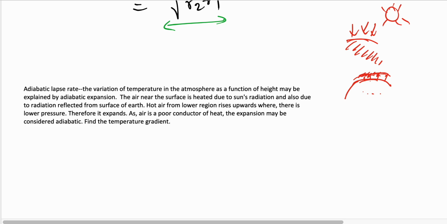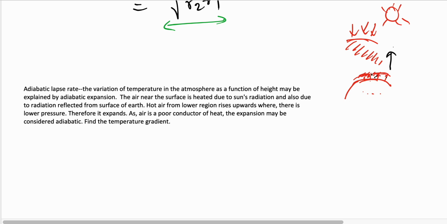Now since this air got heated, and we know that hot air has a lower density, it will go upwards. So the hot air from the lower region rises upwards. Now there will be a lower pressure here, since there is a low amount of air. Therefore the air between will expand.